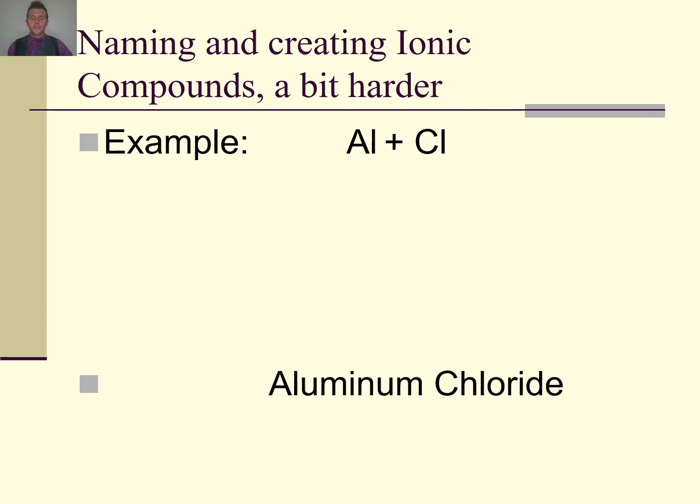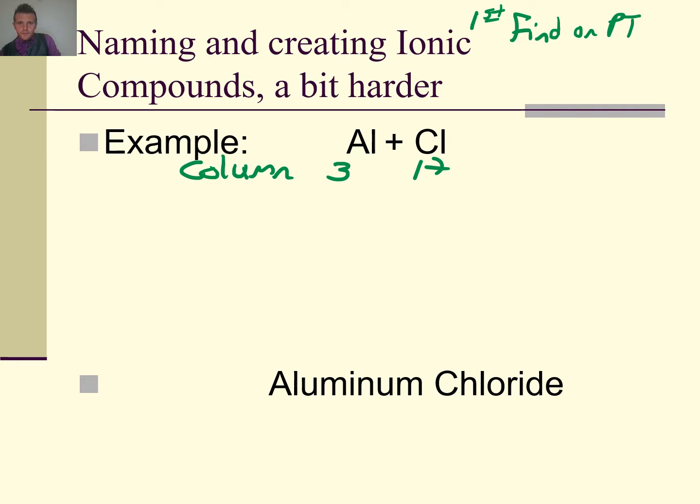So this one is going to be aluminum chloride. So first step, find them on the periodic table. So this is in column 3 and 17, which means aluminum has 3 valence electrons and chlorine has 7.